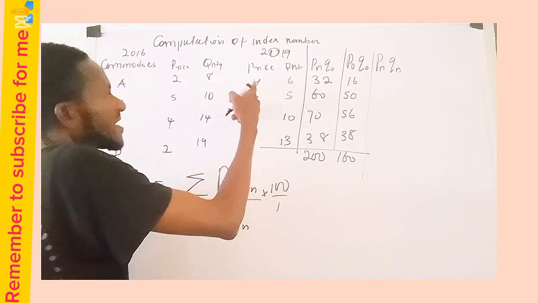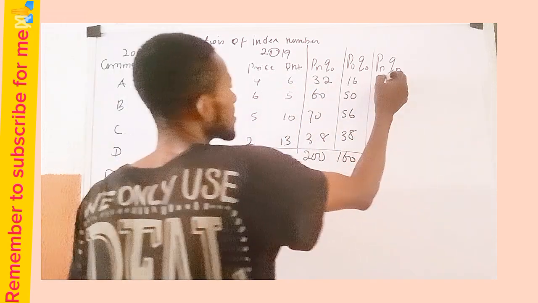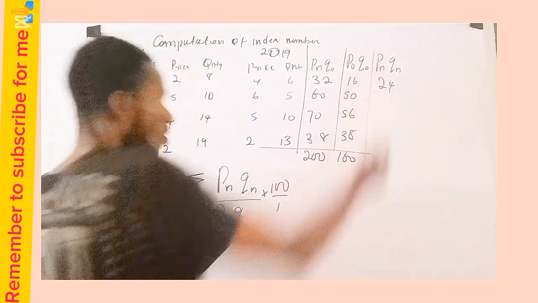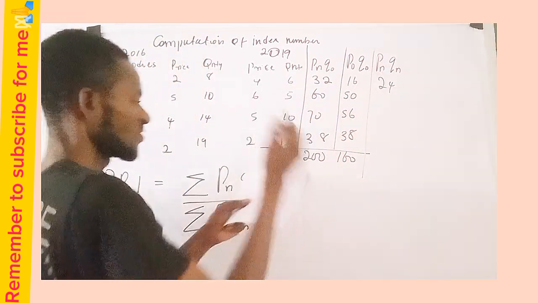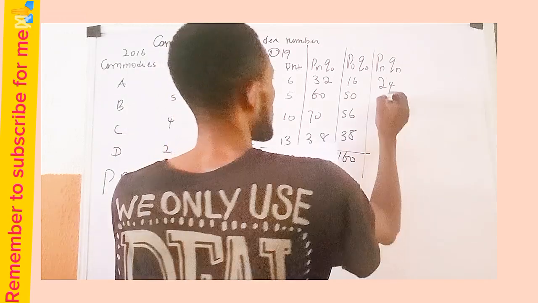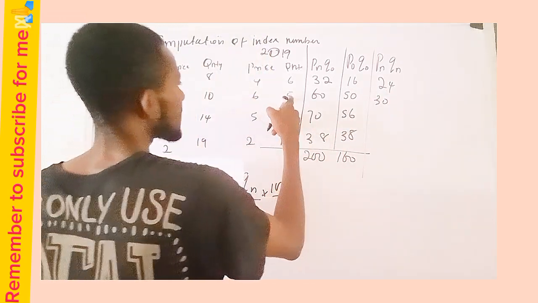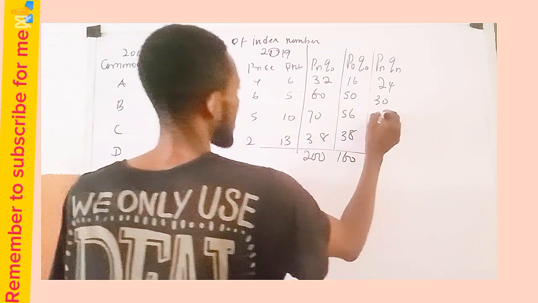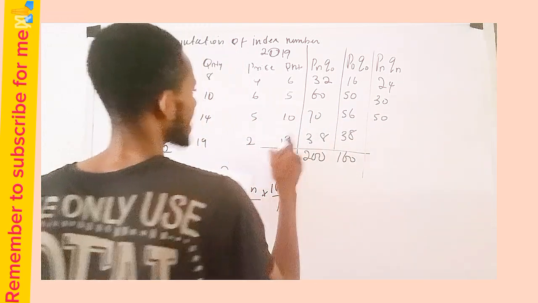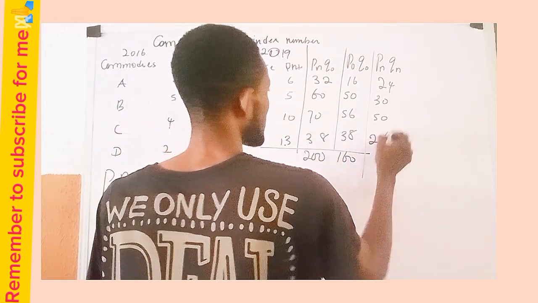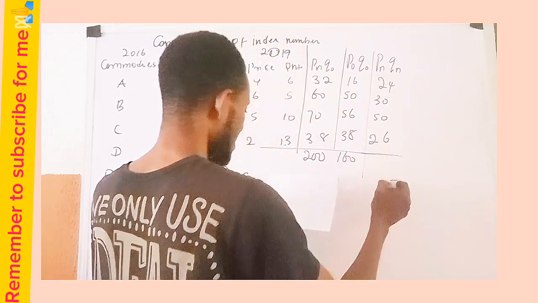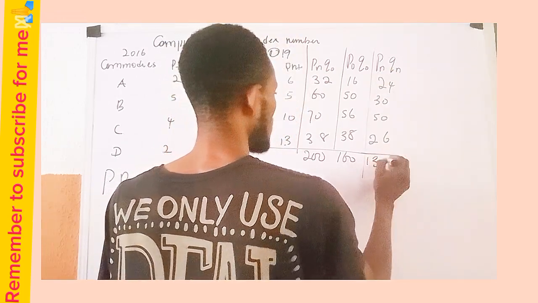So what I should be saying is 4 multiplied by 6, which gives me 24. Let me call it up from what we have here. So we have 24, we have 30. 30 here is arrived at by saying 6 times 5. And then 5 times 10, we have 50. And then 2 times 13, we have 26. When we sum everything here, what we got was 130.